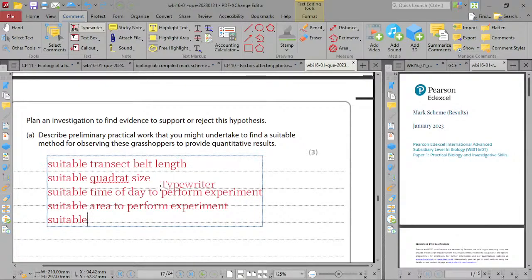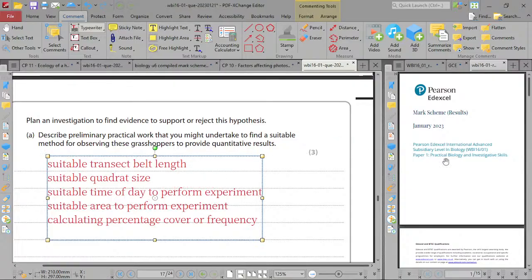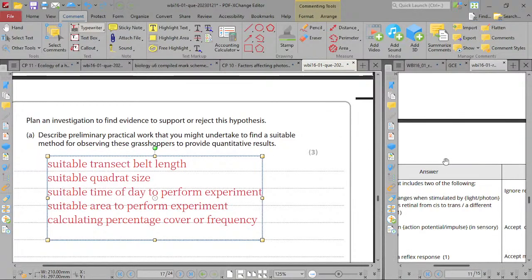What about control variables? Calculating percentage cover or frequency. That's all I got.